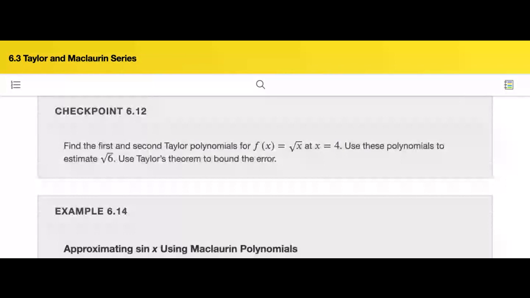So we find the derivatives first. The center is 4.